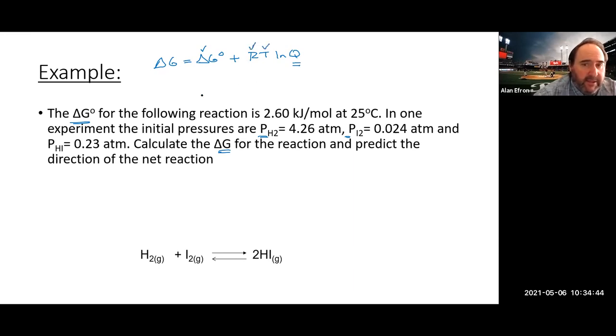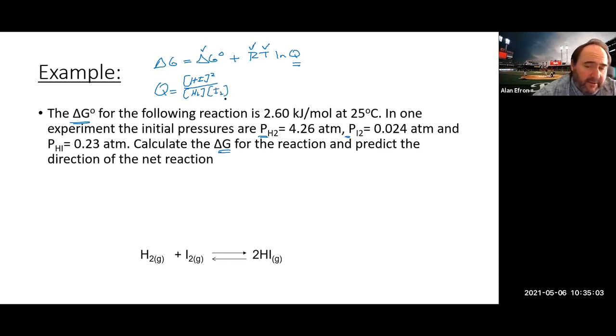So a reminder that Q is basically done the exact same way as you would calculate K, which means Q in this case would be the concentration of HI squared divided by the concentration of H2 times the concentration of I2.